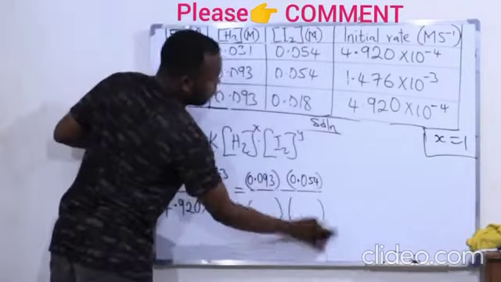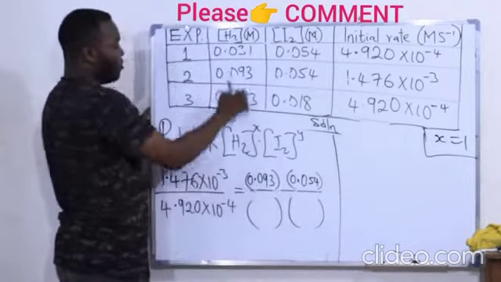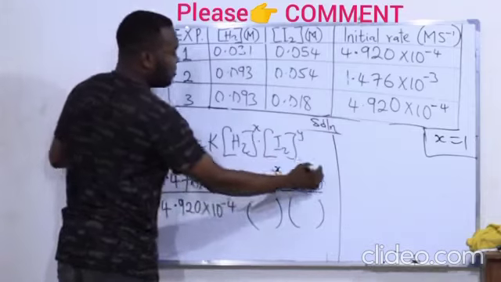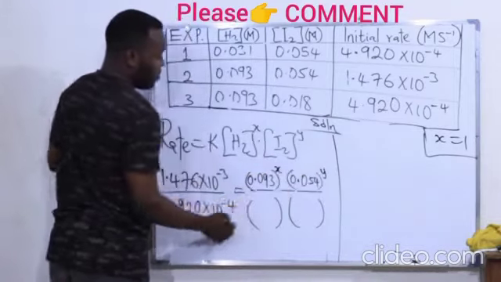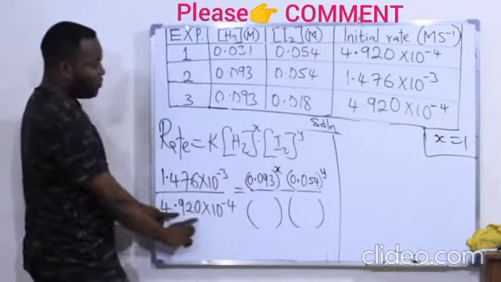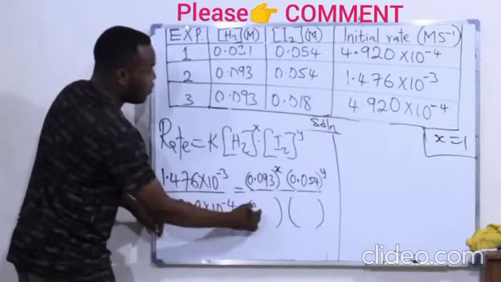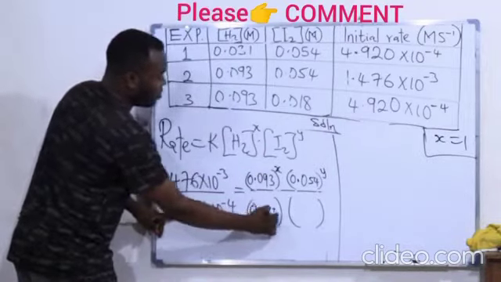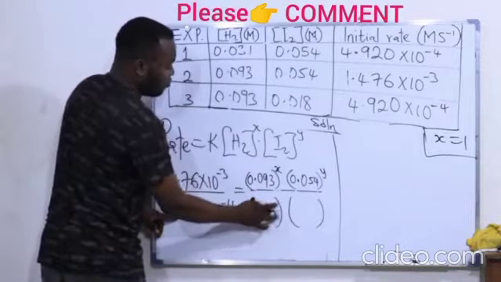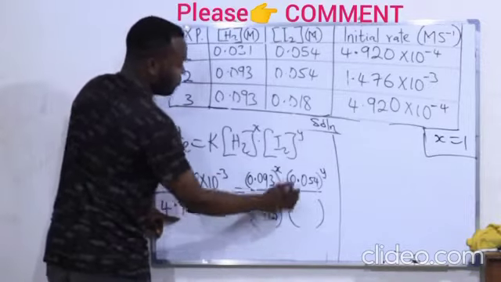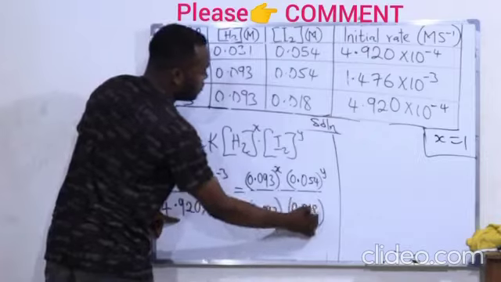I'll put the respective powers. Hydrogen has power of X, iodine has power of Y. Now for this rate, my hydrogen concentration is 0.093. This is my iodine concentration, which is 0.018.